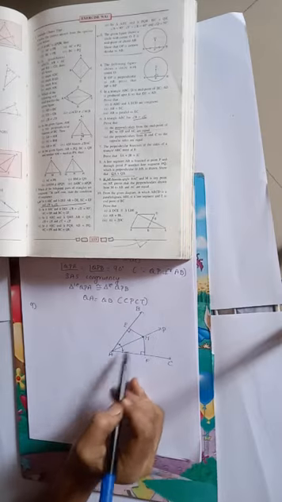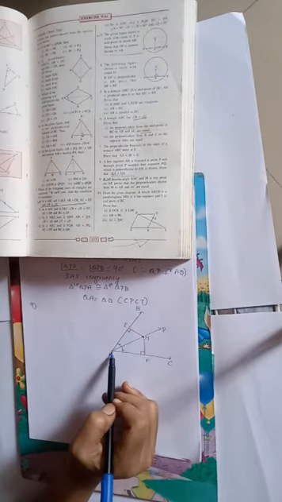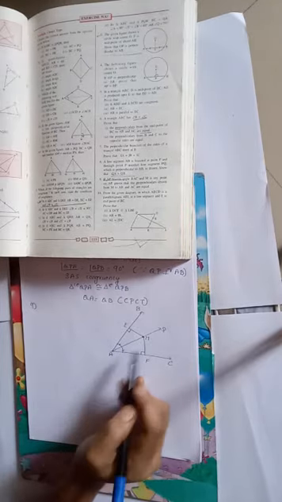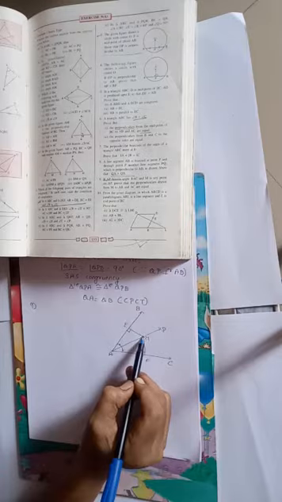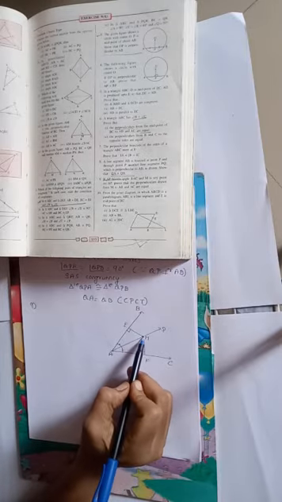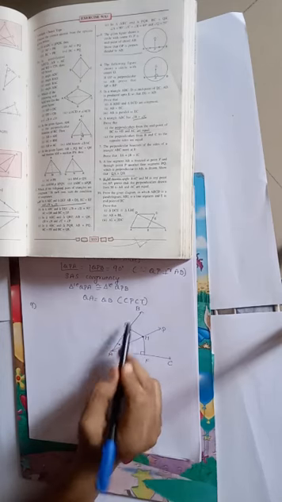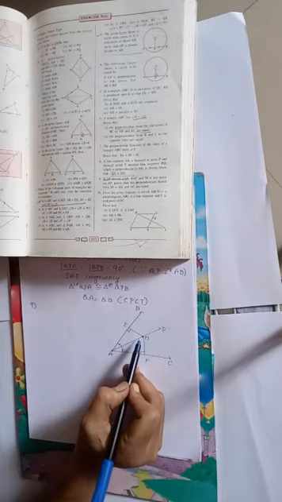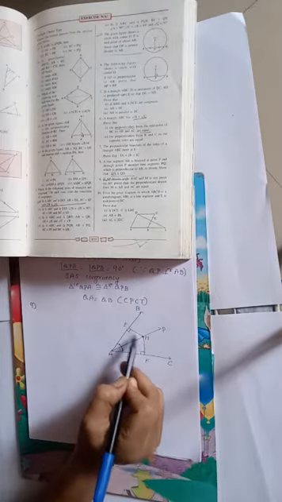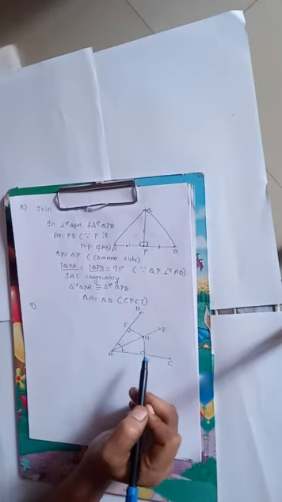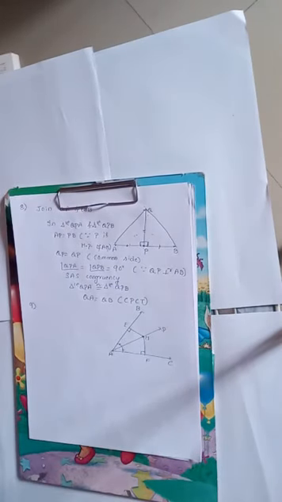Now, on that bisector, consider any point as M. From that point, draw two perpendicular lines to AB and AC respectively. Now you need to prove that the lengths of those perpendicular lines are equal. This is the main question given in the 9th one.